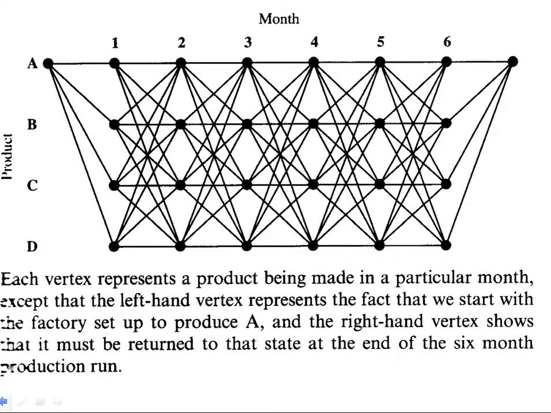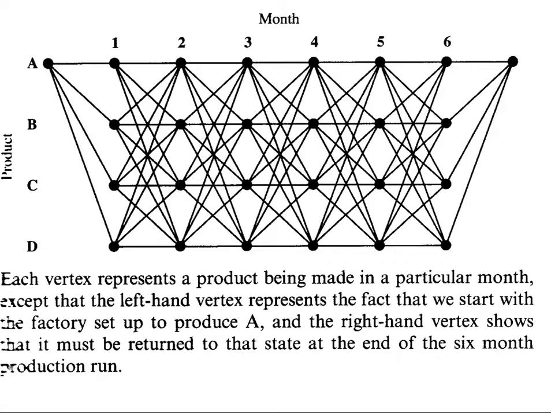Why are they all coming out of A, first of all, up here? Everything's starting at A. And why are they all finishing here? It's got to finish at A. What are these 4 lines coming out of A here showing you?